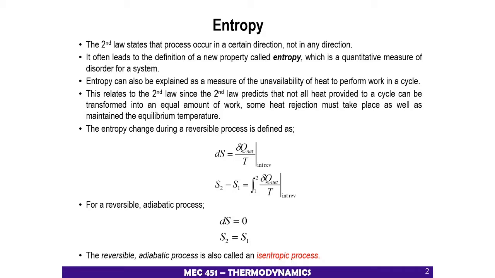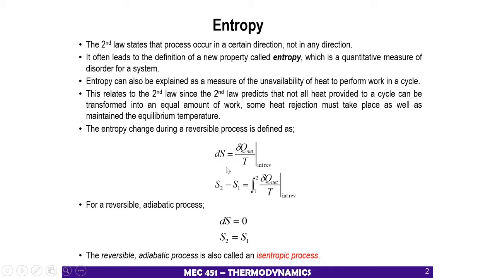This relates to the second law, since the second law predicts that not all heat provided to a cycle can be transformed into an equal amount of work, whereby some heat rejection must take place to maintain the equilibrium temperature. So the entropy change during a reversible process is defined as, this is your equation.